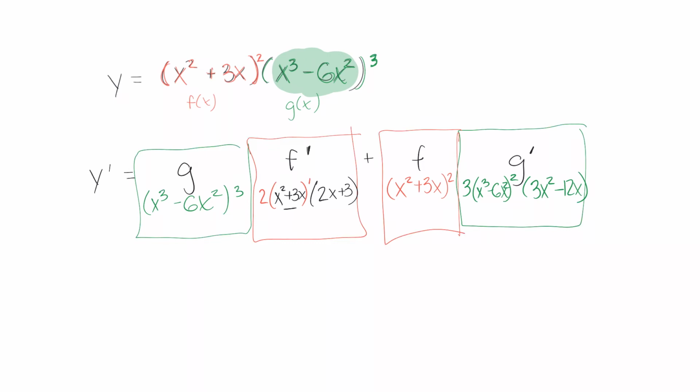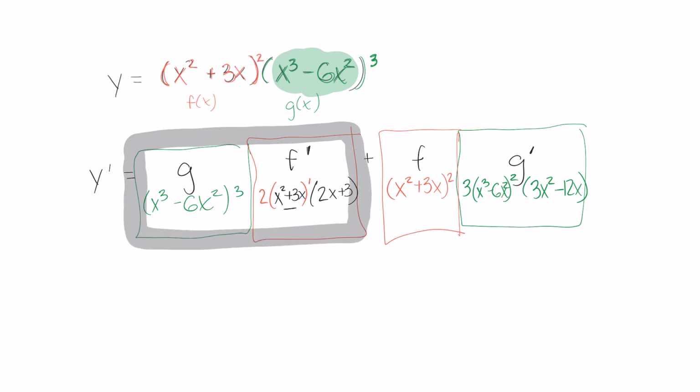Now, keep in mind that when you go to clean something like this up, you can't multiply across the addition sign. So all you can do is multiplication on either side. Like in this gray box, you can multiply stuff together that doesn't have an exponent.